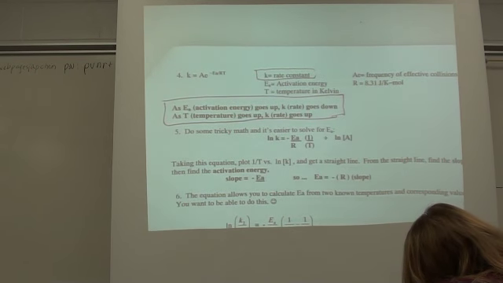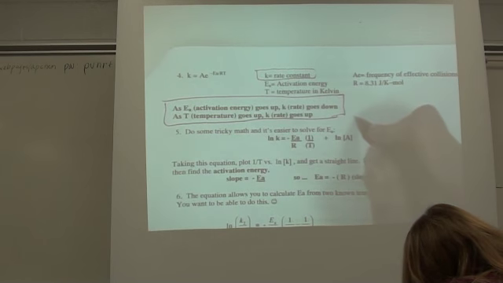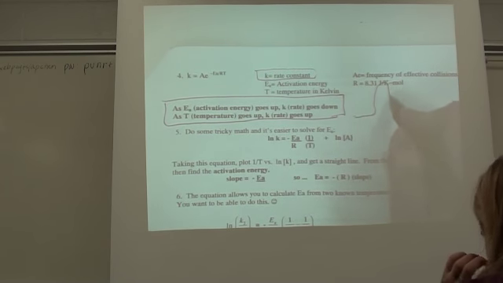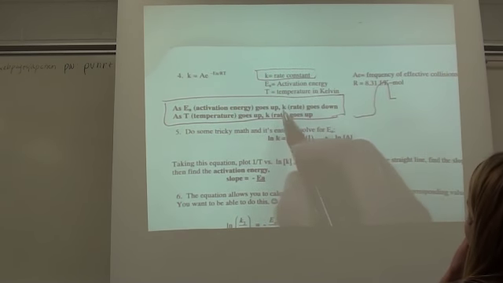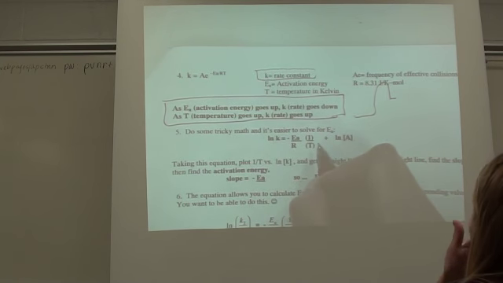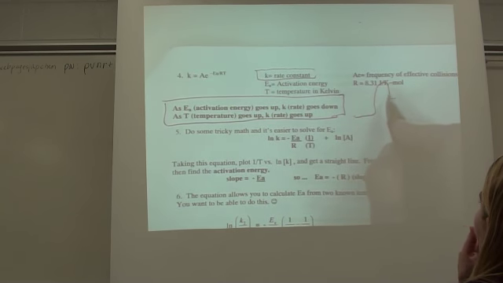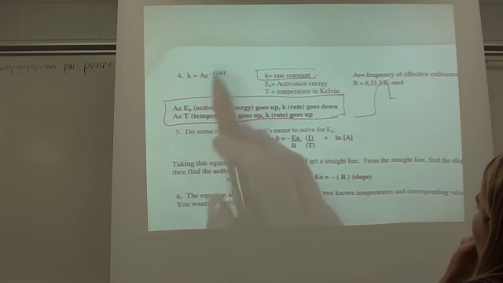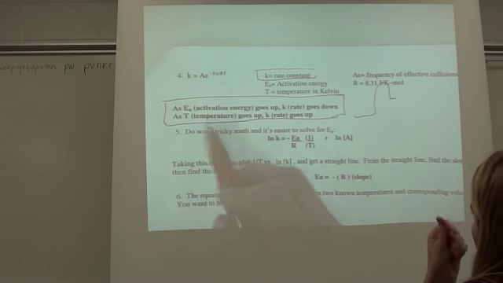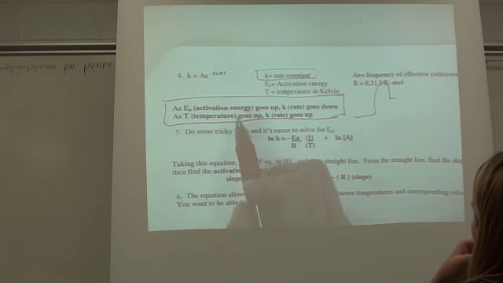If you have a high activation energy, that means you have a hill that's quite high. The rate goes down because it takes a longer time to climb the hill. Okay? If you look at this, as the temperature goes up, the rate goes up.